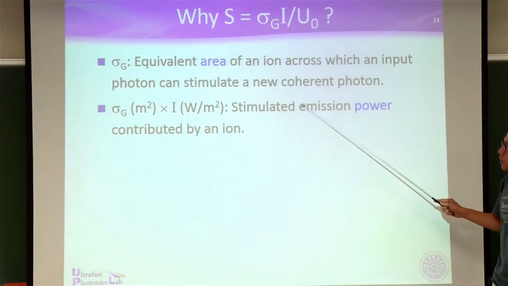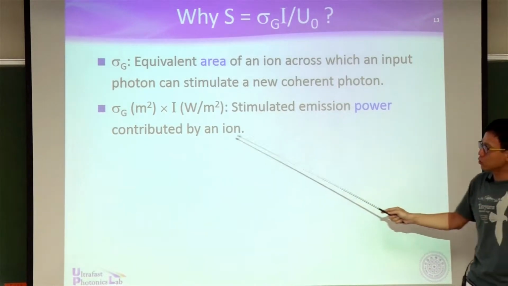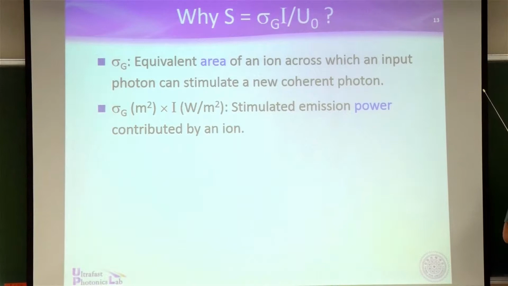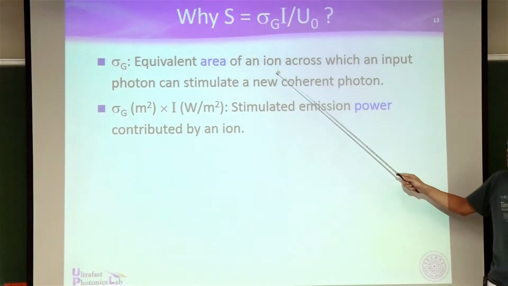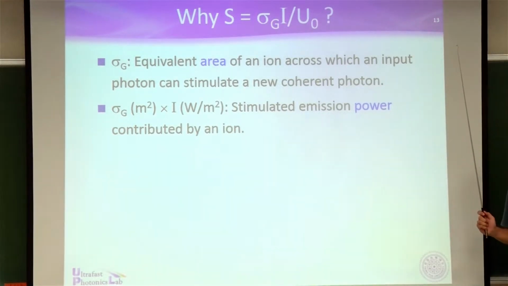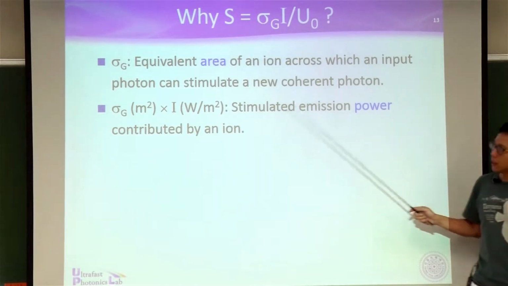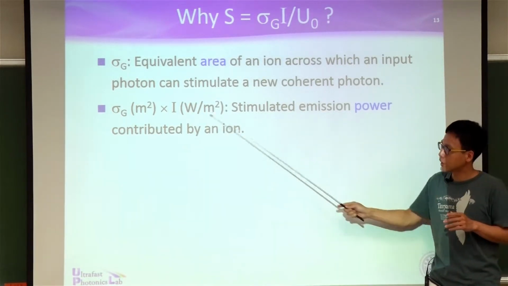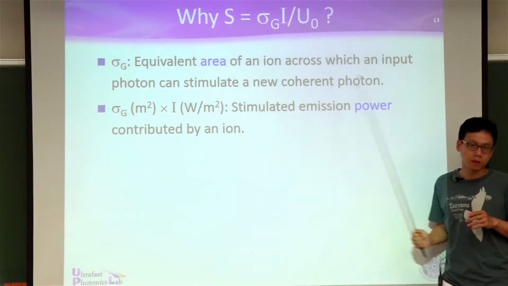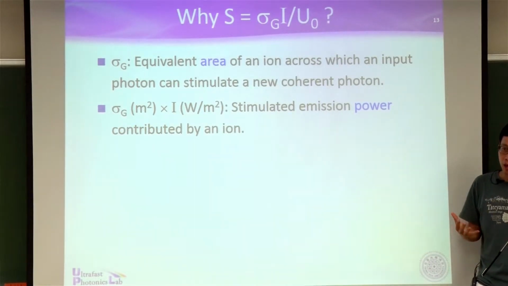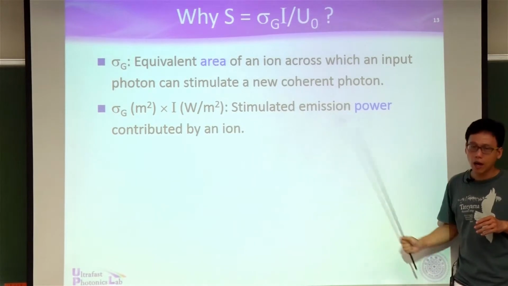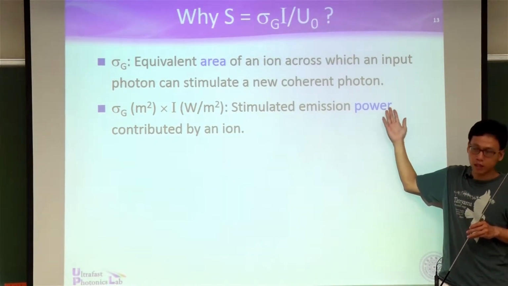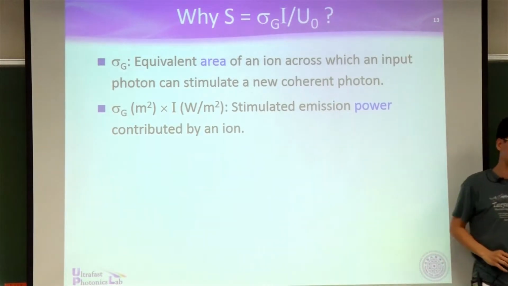It's the stimulated emission power contributed by a single ion, right? 好，上面这是一个 ion 的等效截面积，你把它乘上一道雷射光的强度 I 之后，乘完是什么？是一个 power，是什么 power？就是一个 single ion 可以贡献的 light power。这个 light power 来自 stimulated emission.